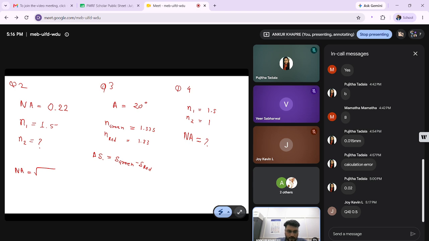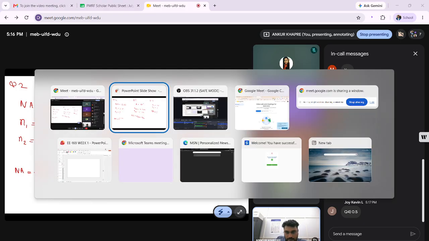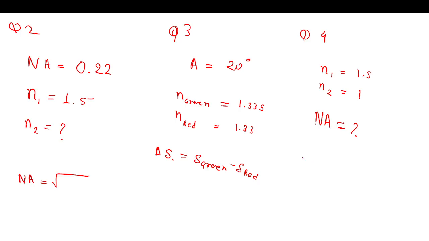Jay, for question number 2, I think you have made some mistake here. You need to understand this one. NA is equal to, we know that, root of n1 square minus n2 square. Try this equation now. Let's see.